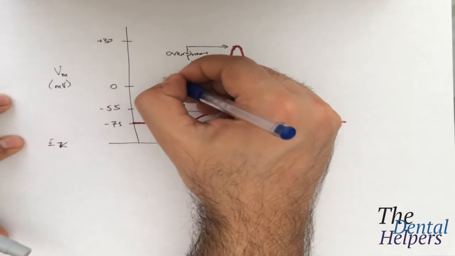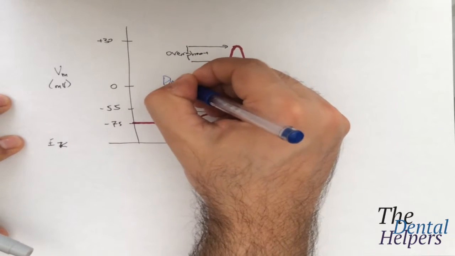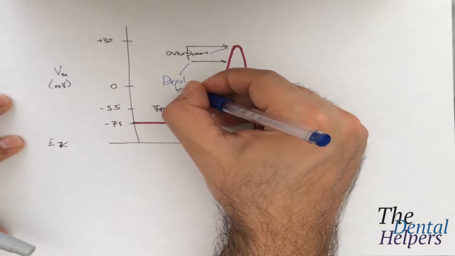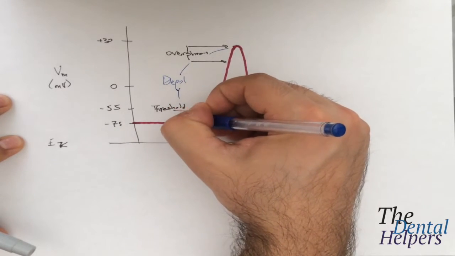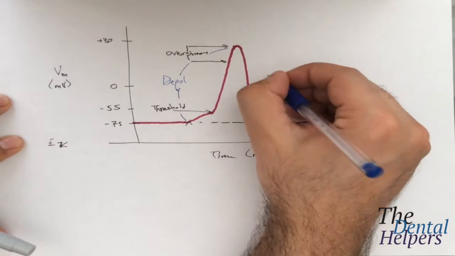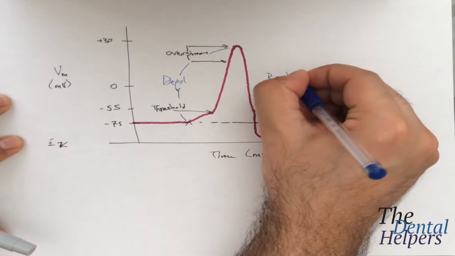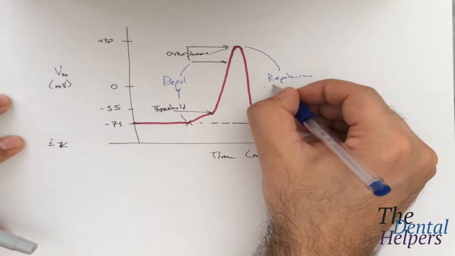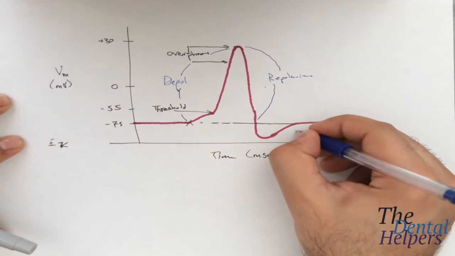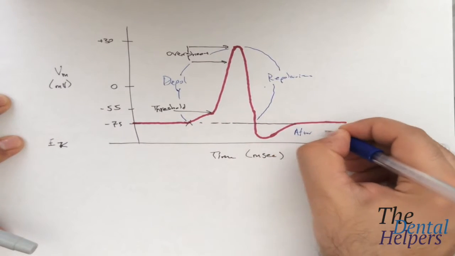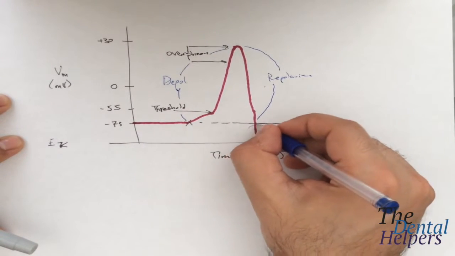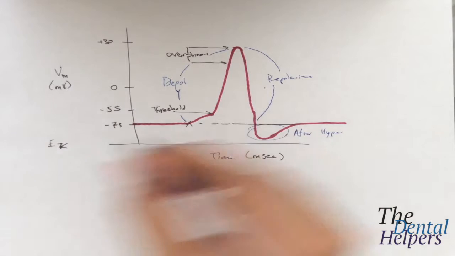So we have right here, this is depolarization. Right here is where the cell repolarizes, or the membrane I should say, and this is what's known as after hyperpolarization. But this area specifically right here is where we have hyperpolarization.